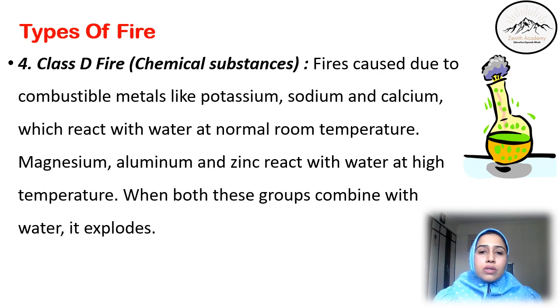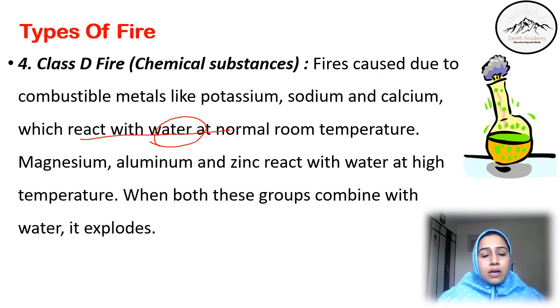Now, fire caused due to combustible metals like potassium, sodium, calcium, which react with water. How it happens when we use these materials in laboratories for certain experiments. We always use water. Obviously, water is present everywhere. So these metals react with water at normal room temperature. No heating or cooling is required.